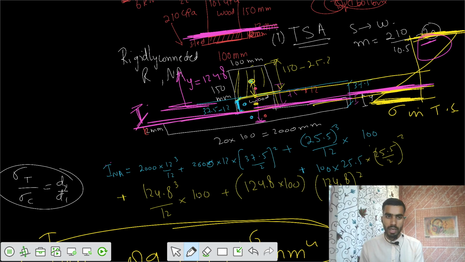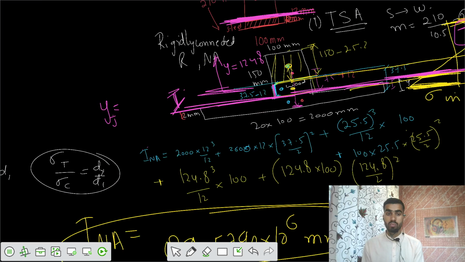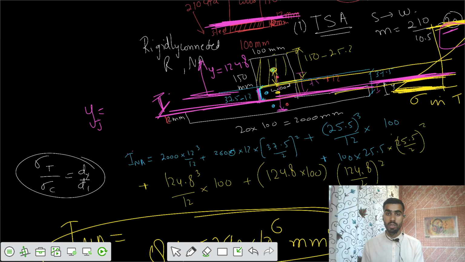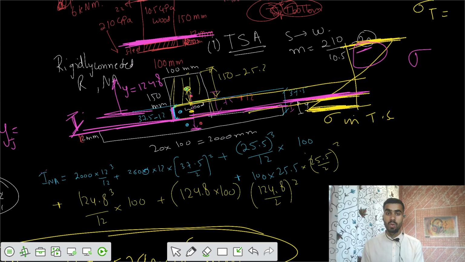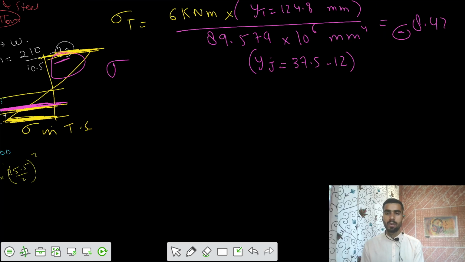Value of y at the junction, yj equals 37.5 minus 12, that is 25.5.